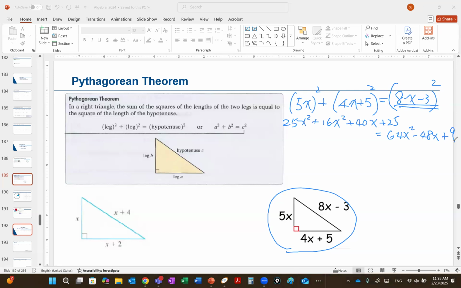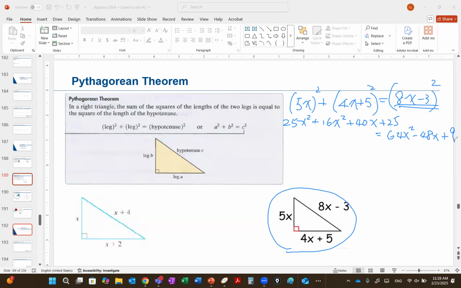So first step, great. Now let's simplify. First, second, third. What would it be? 64 minus 25 minus 16, here is 41, right? 64 minus 41 will give what? 23. Put 23x squared here, can we?